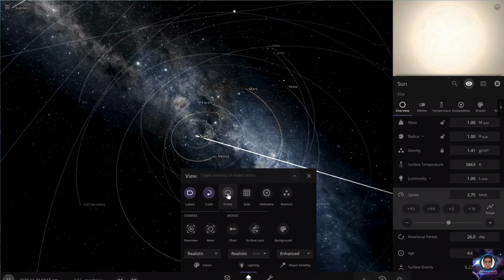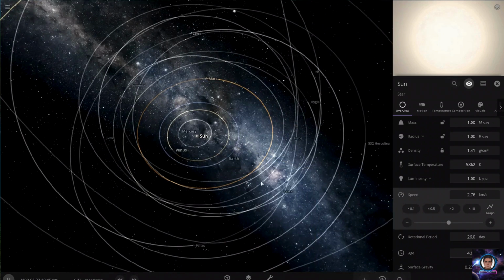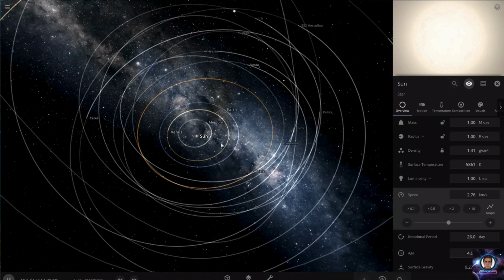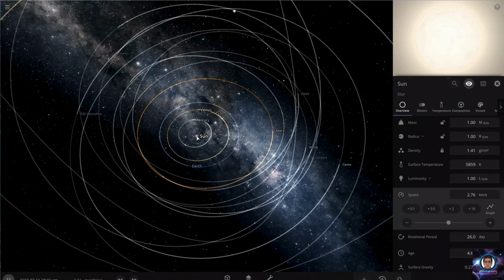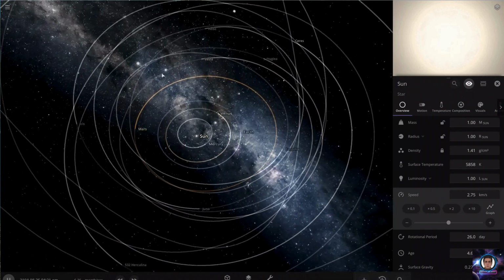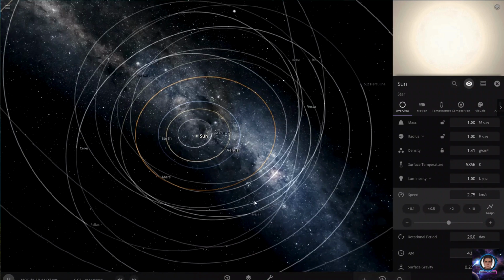Also, you can change it to the orbit. The scene would be so crowded, maybe some of the parameters are unrecognizable, but you can see the whole path, whole orbit of all planets from here.